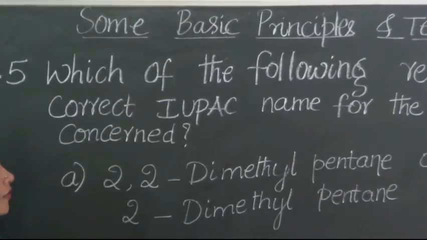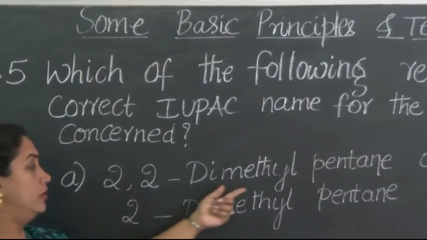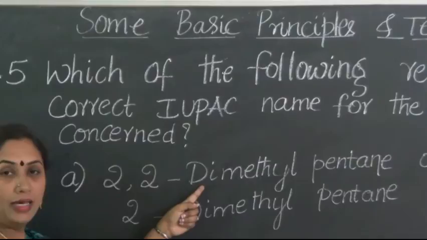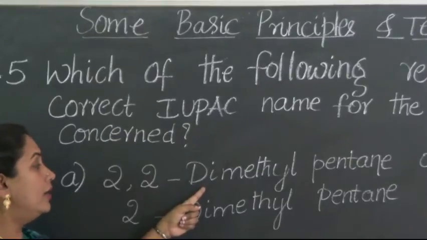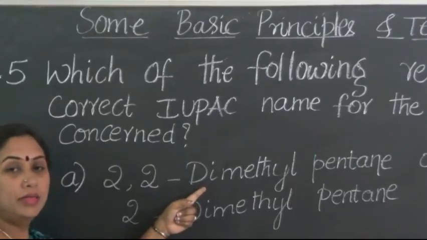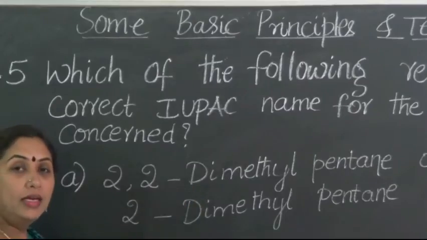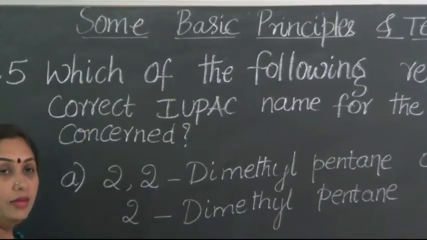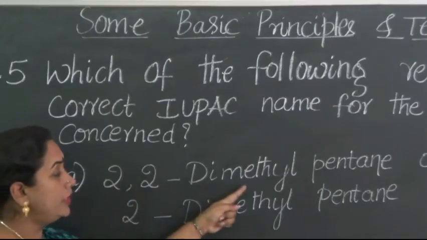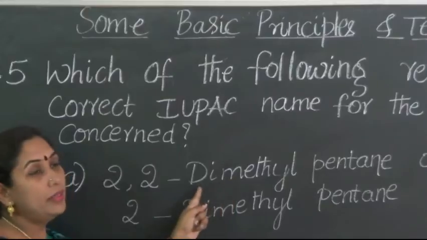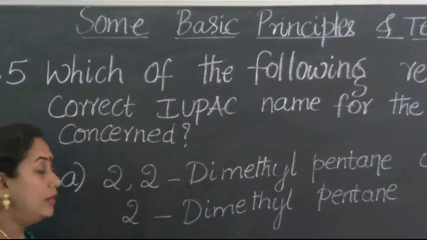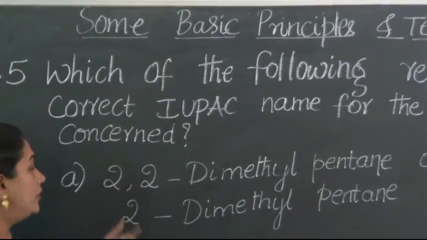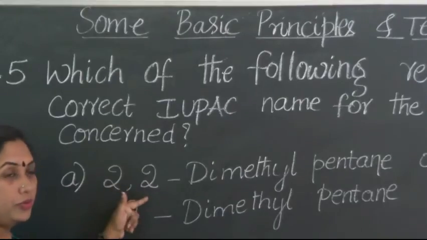We know that when two alike groups are present, we use the prefix di. When we write the term di, definitely we should give 2 locants. Though both the methyl groups are present on the same carbon atom 2, still we should write it as 2, 2.